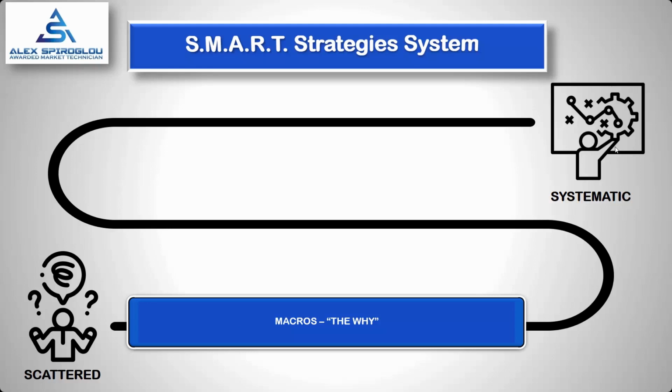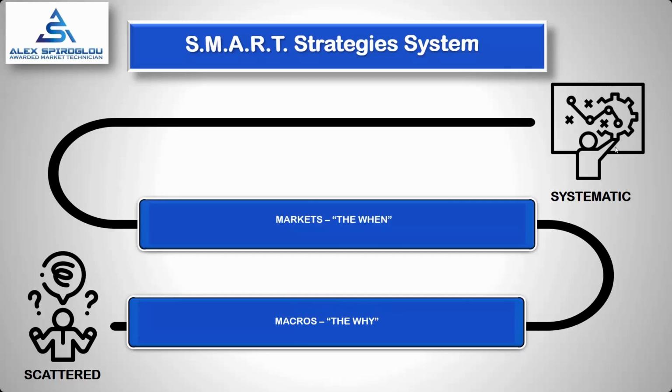I usually do this analysis on the monthly and weekly time frame. Then I look at the daily chart, and I look at the markets themselves, which is the when. This is technical analysis. So fundamentals answer the why, technicals answer the when, and I usually do technicals on my daily time frame. That's why I have a multiple time frame, multiple factor approach.